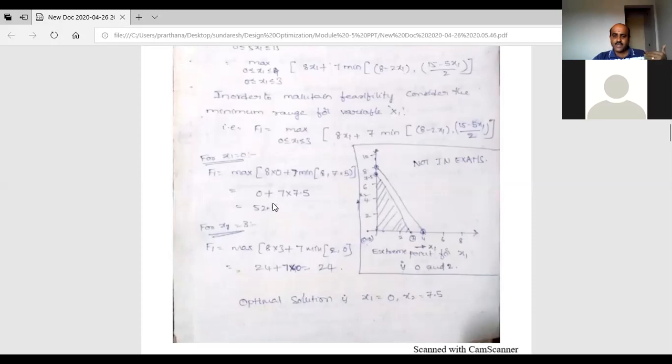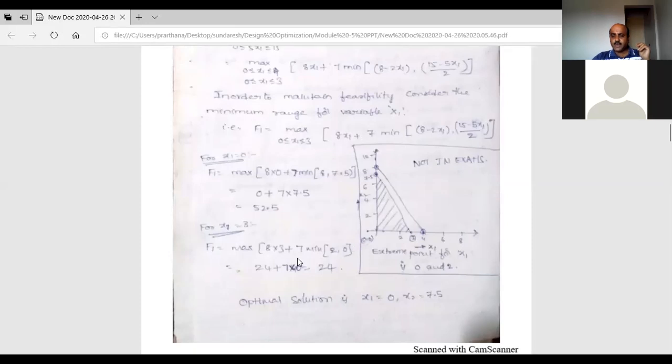In a similar way, you can try with x1 is equal to 2 and x1 is equal to 3. Look at here. When you put x1 is equal to 3, substituting x1 is equal to 3 here, 8 into 3 plus 7 of minimum of 8 minus 2 into 3. 2 into 3 is 6, 8 minus 6 is 2, comma, 15 minus 5 into x1. 5 into 3 is 15, it will become 0.